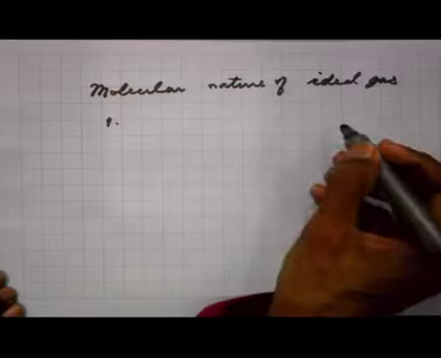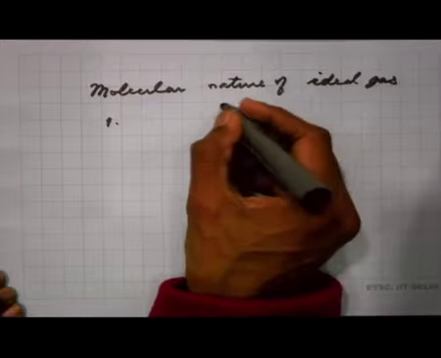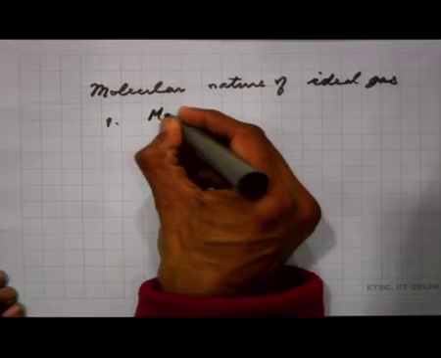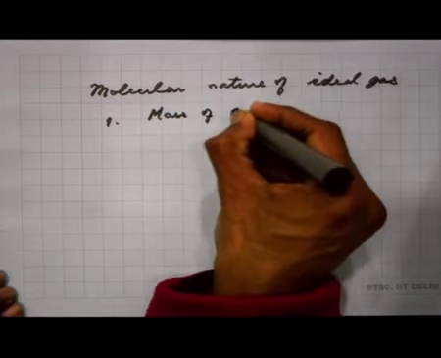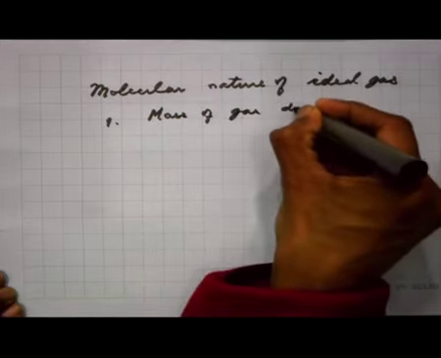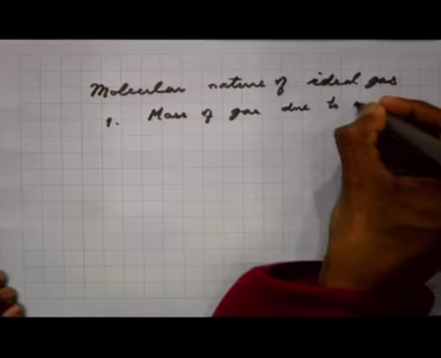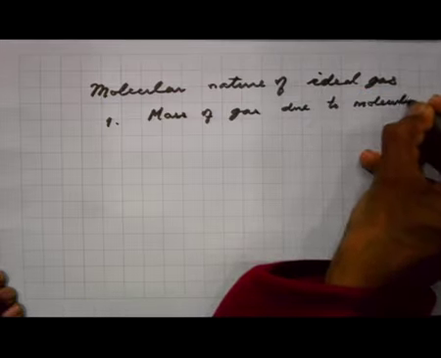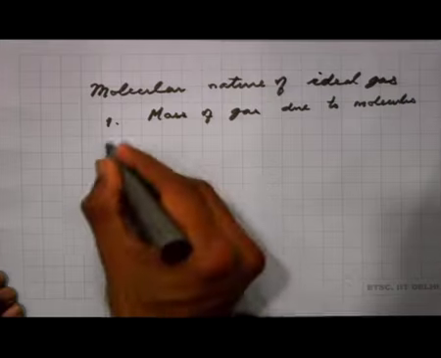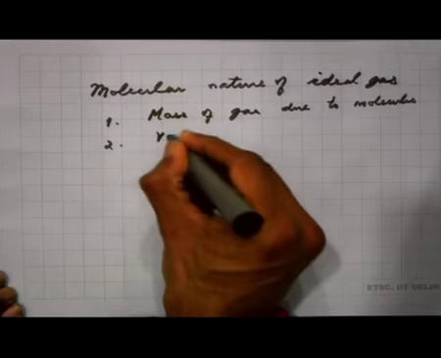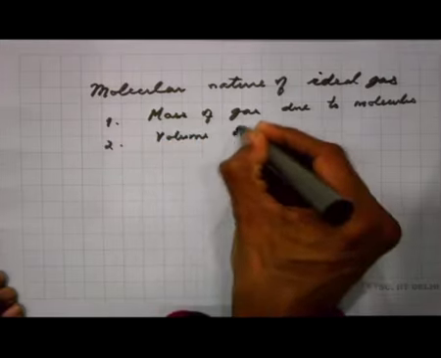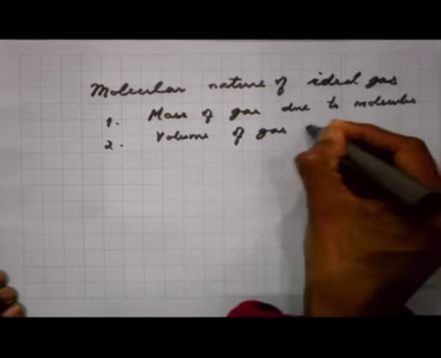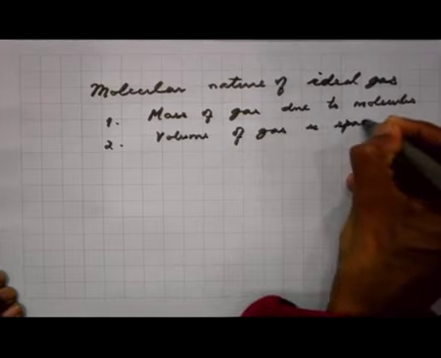According to this model, for ideal gases, the mass of gases is due to molecules. The volume of a gas is the space between molecules.